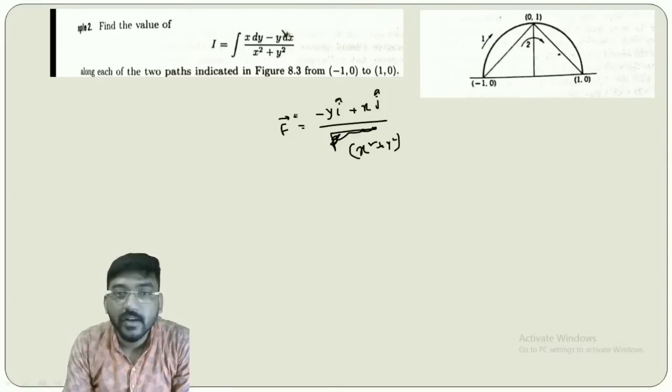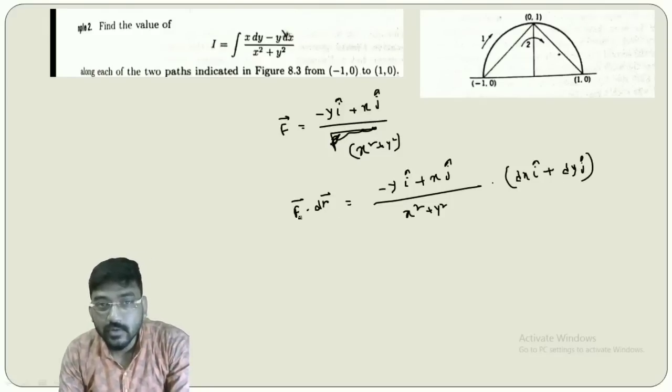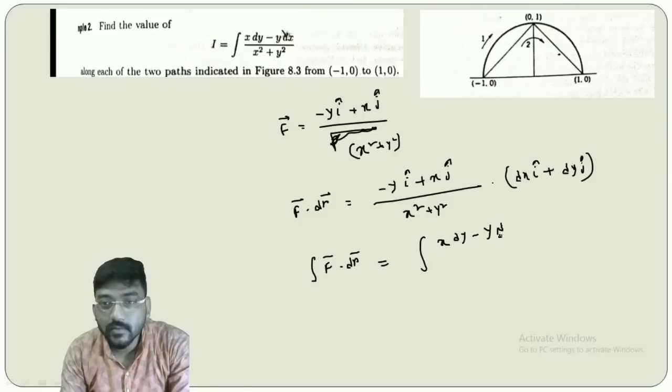If we take f dot dr, that will be minus y i cap plus x j cap divided by x square plus y square, dot dx i cap plus dy j cap. If we take the dot product, the integration of f dot dr will be x dy minus y dx divided by x square plus y square.